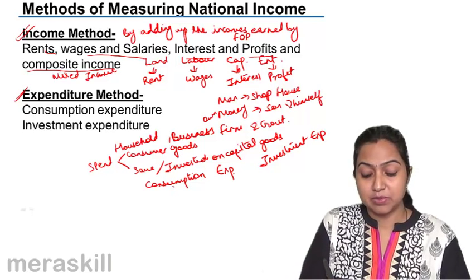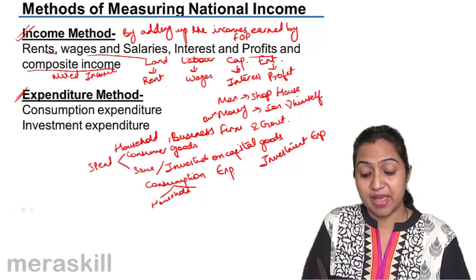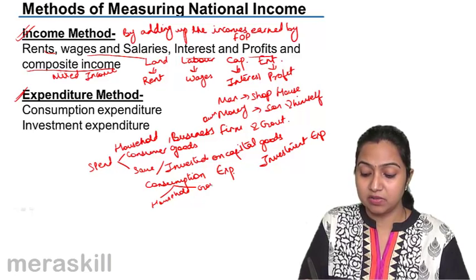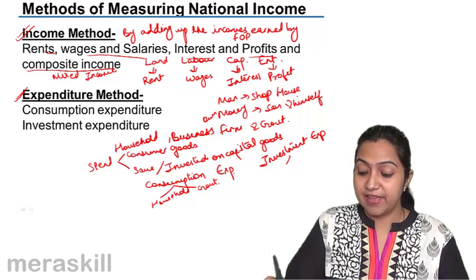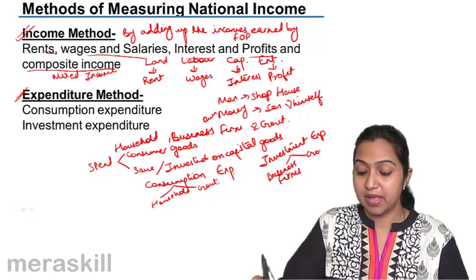Who does this consumption expenditure? Consumption expenditure is done by either household who spends on buying goods and services, or it is done by government who buys goods and services. Investment expenditure is either done by business firms or it is done by government sector.